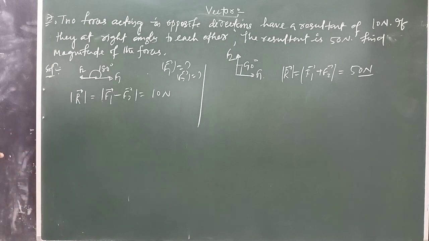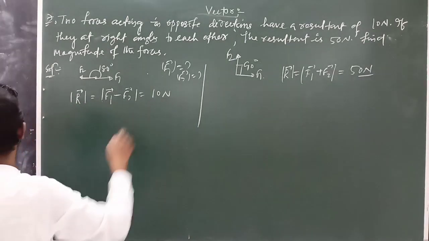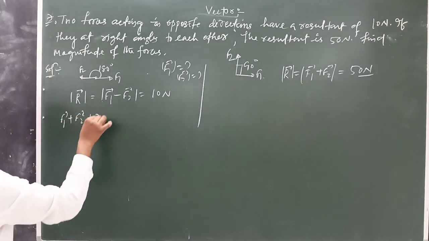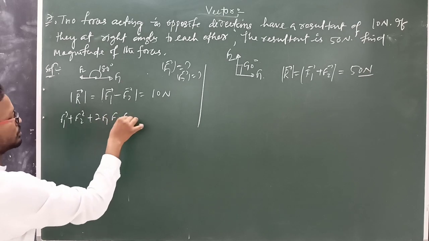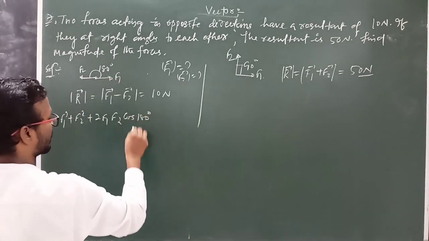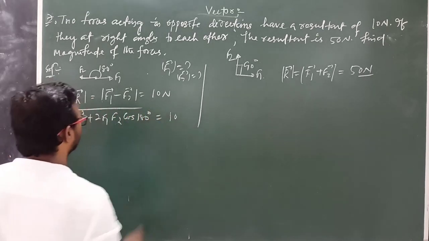Clear? Okay. So according to the question, the magnitude of R equals F1 minus F2, which is 10, using the formula square root of F1 square plus F2 square plus 2 F1 F2 cos theta. What is theta? Theta is the angle between the two vectors, here 180 degrees, and the square root equals 10.